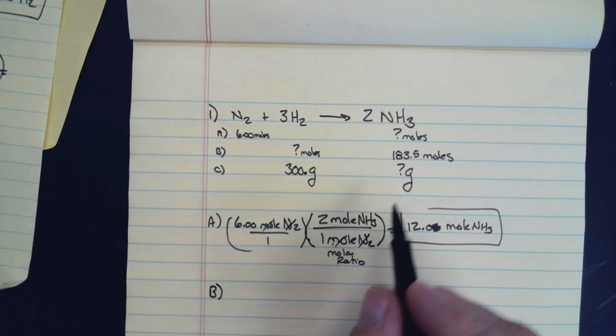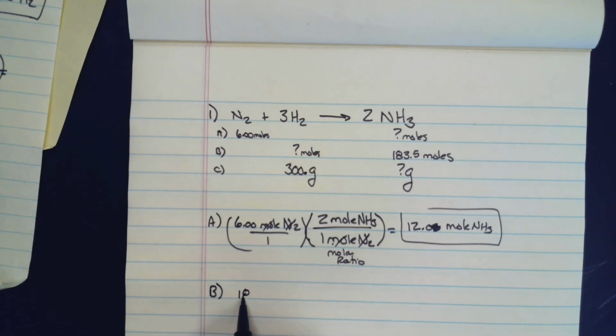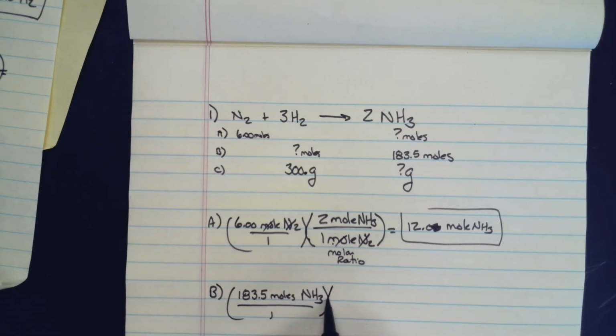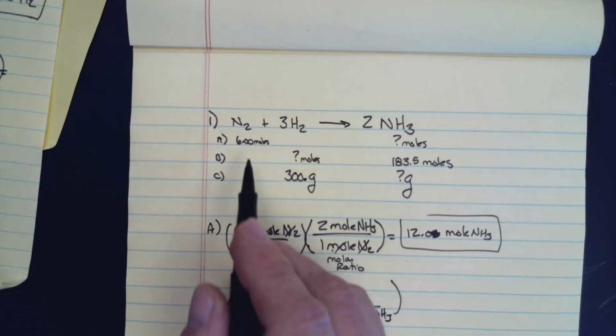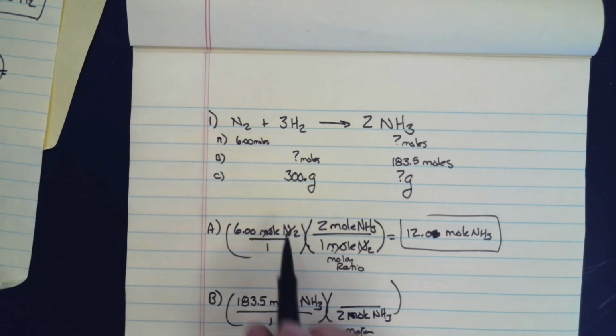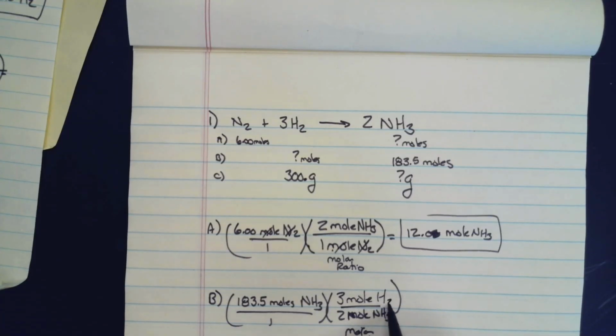For B, I was given 183 moles of NH3. So again, I don't need to convert it to moles. I can go directly to my molar ratio. I have 2 moles of NH3, and I want to make 3 moles of hydrogen.